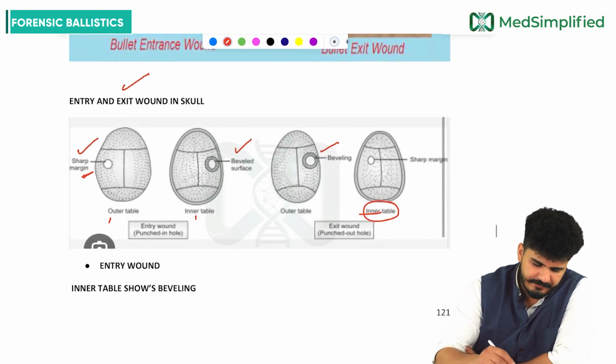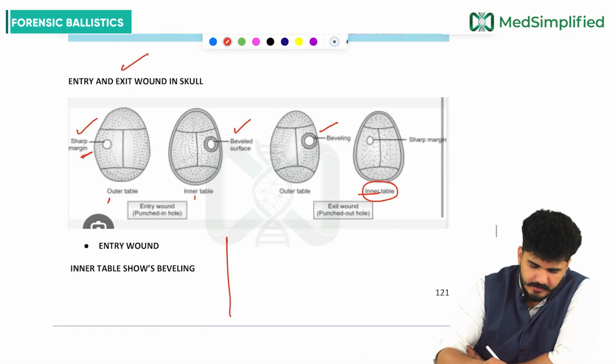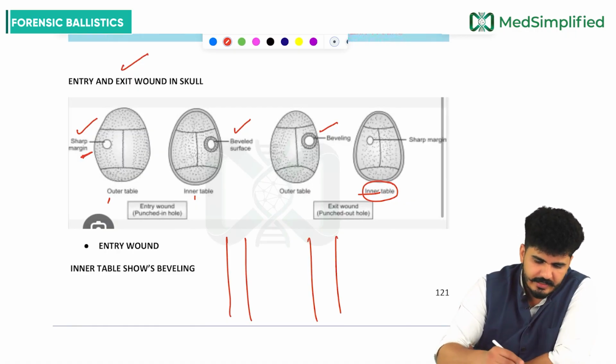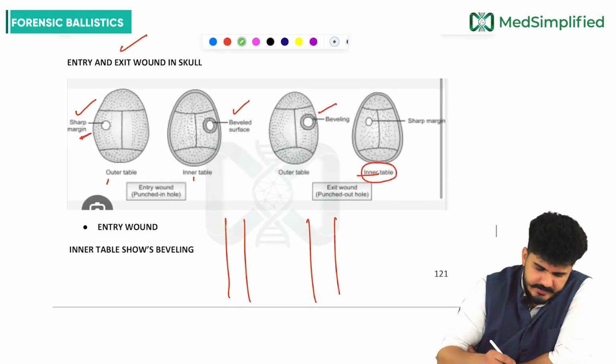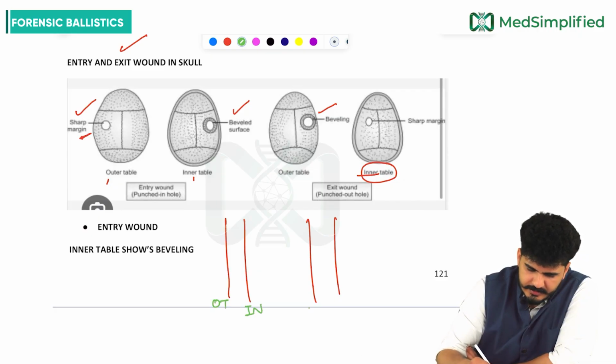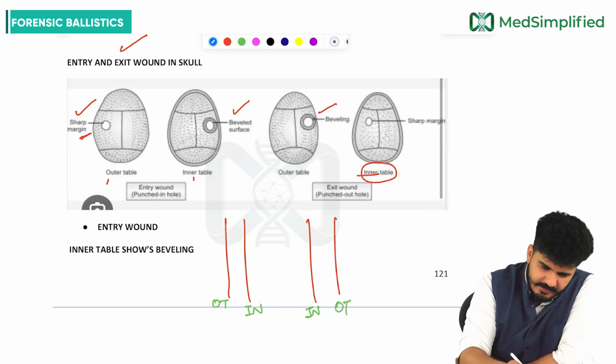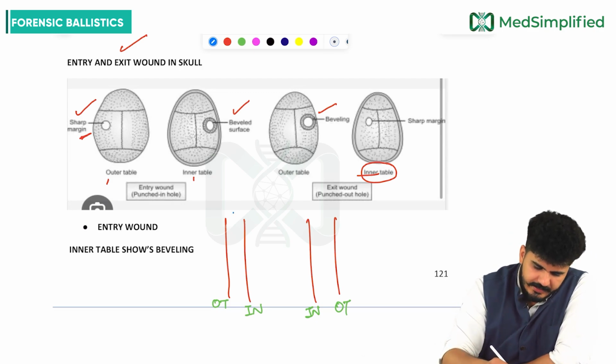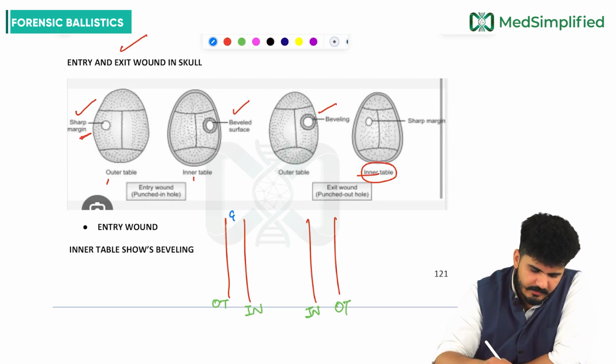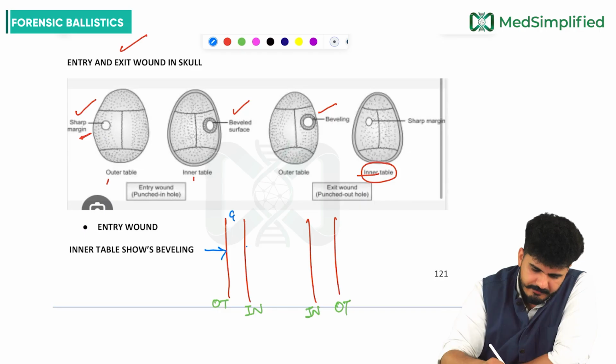If I draw like this, sir, layers 1, 2, 3 and 4: this is your outer table, this is the inner table, this is the inner table, and this is the outer table. You can see very well right here. On the entry wound, on the outer table, there is a sharp margin. Inside, on the inner table, there will be a beveled surface.